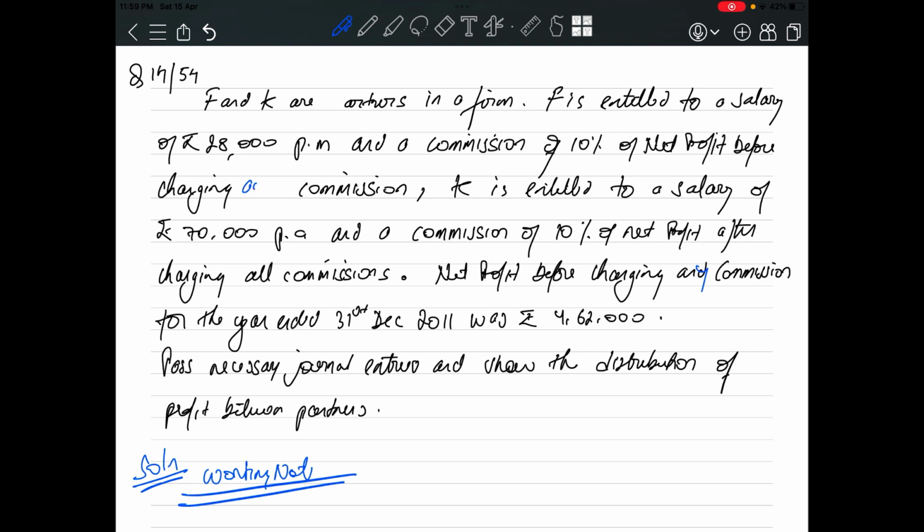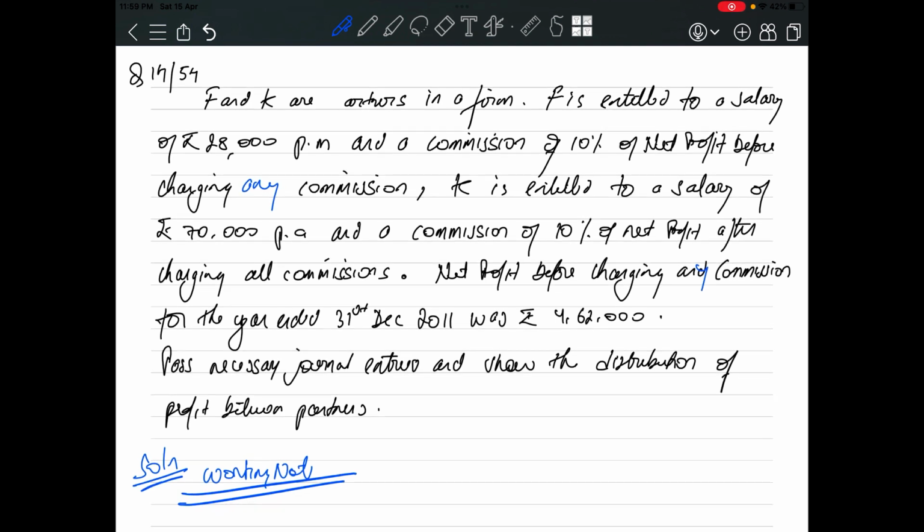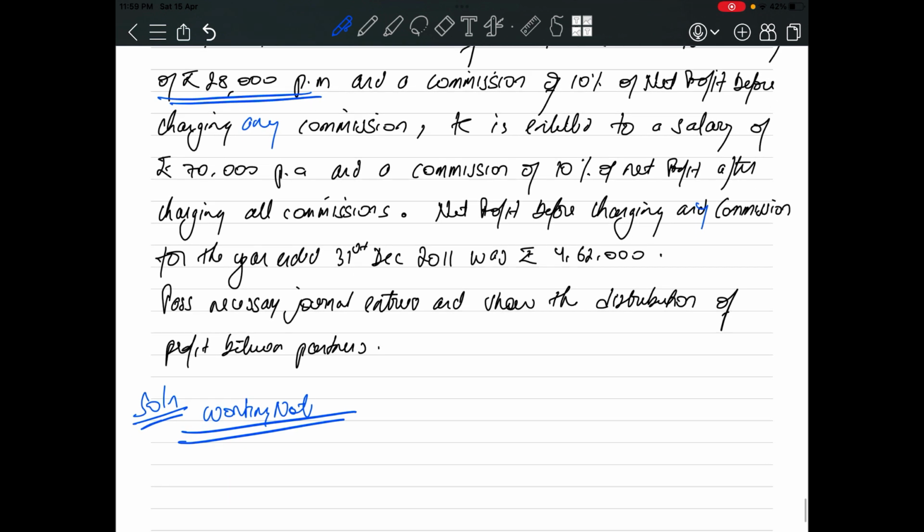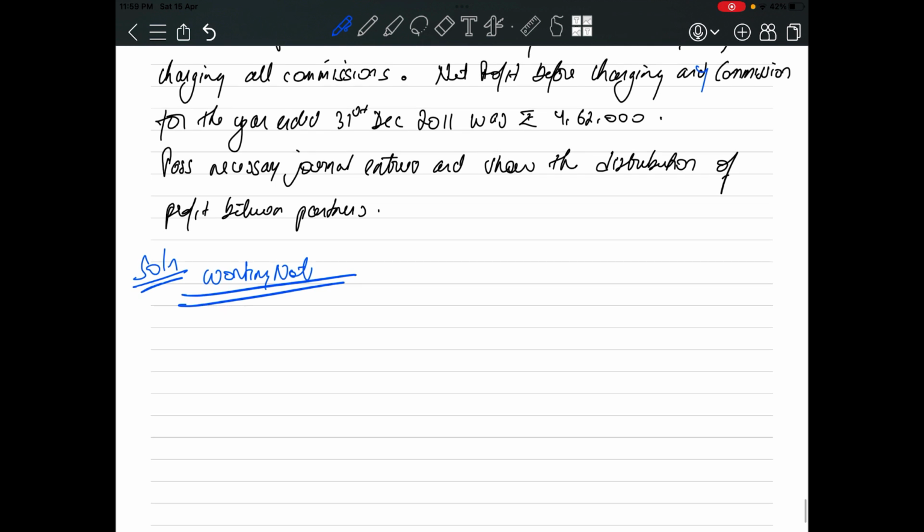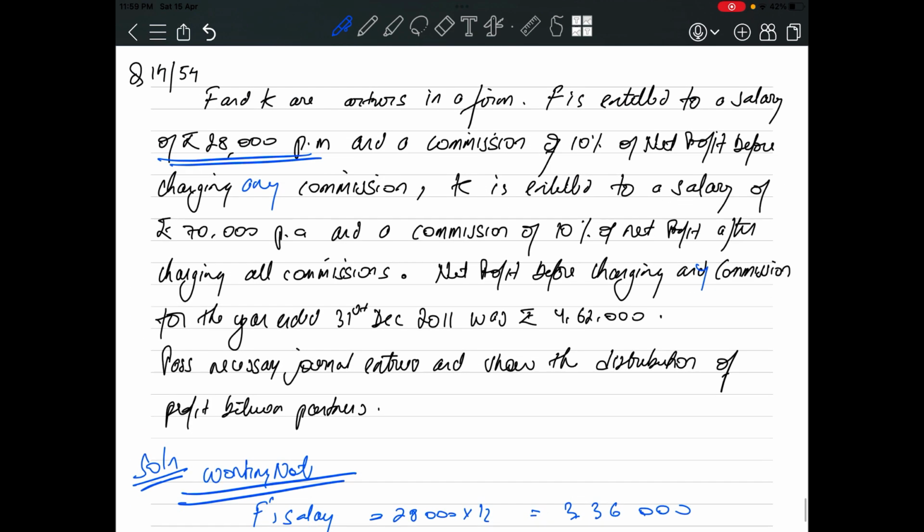Now see, what is the first thing which the question has given? F is entitled to a salary of 28,000 per month. So F's salary is 28,000 into 12. What is the answer? 3,36,000. Done.